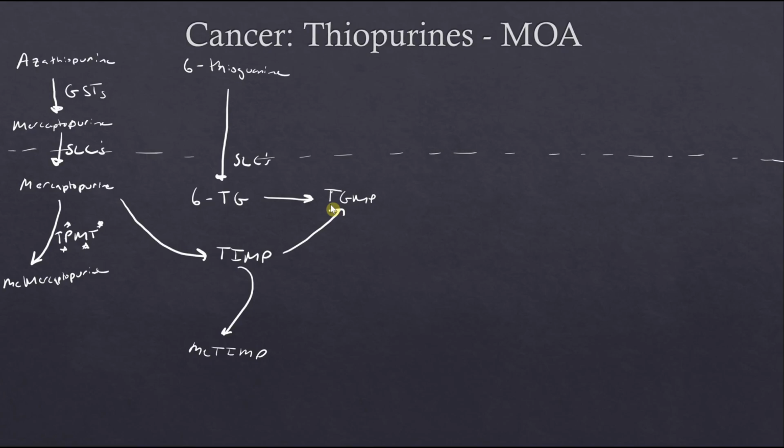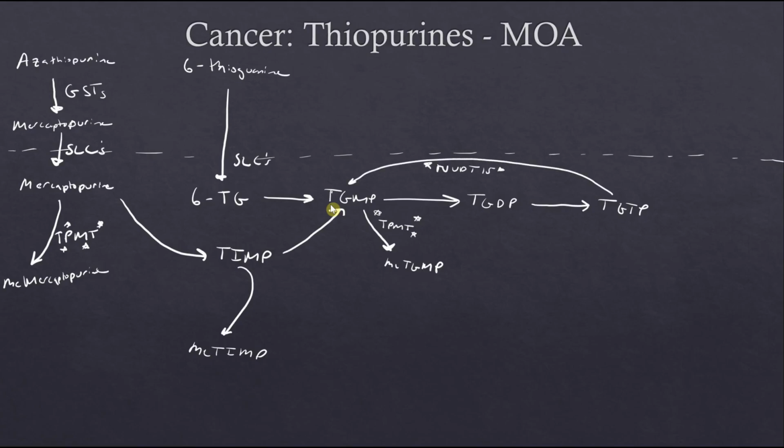Furthermore, TGMP is metabolized by thiopurine methyltransferase, which again is part of our CPIC guidelines, into methyl thioguanosine monophosphate. Now let's highlight the one last gene that's part of the CPIC guideline, and that's here with thioguanosine triphosphate, and its conversion back into monophosphate by the gene NUDT15, also called Nudix type motif 15.